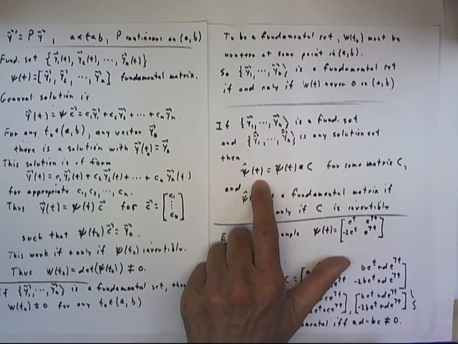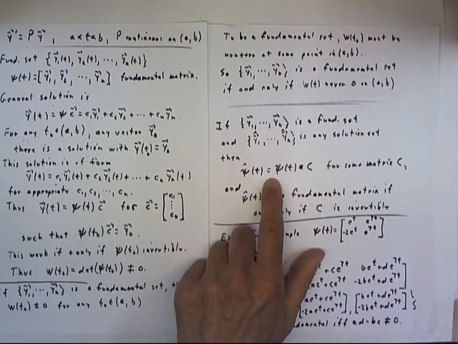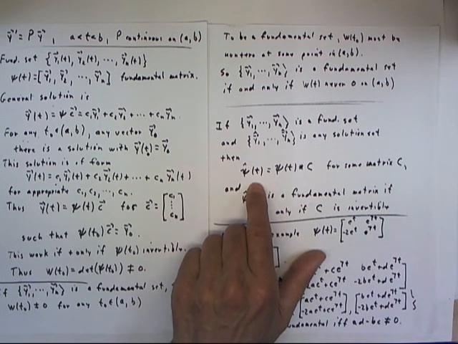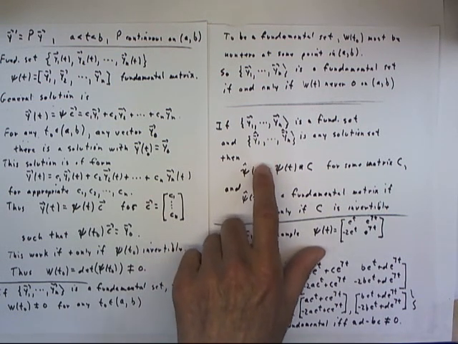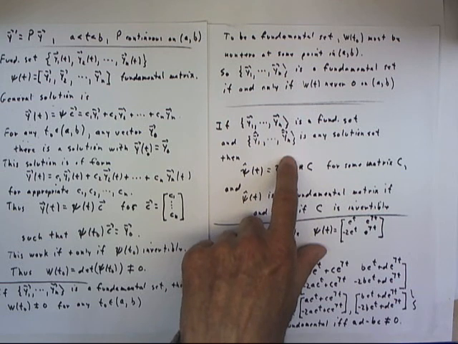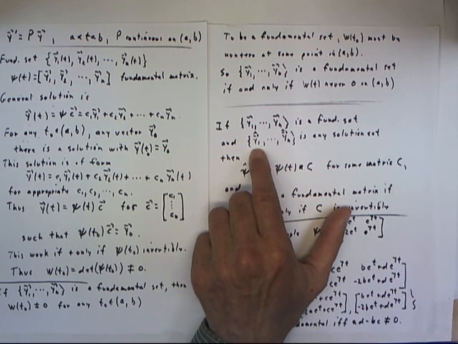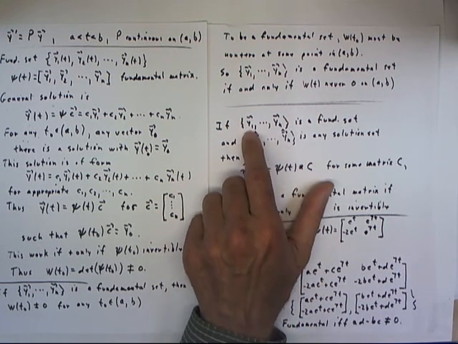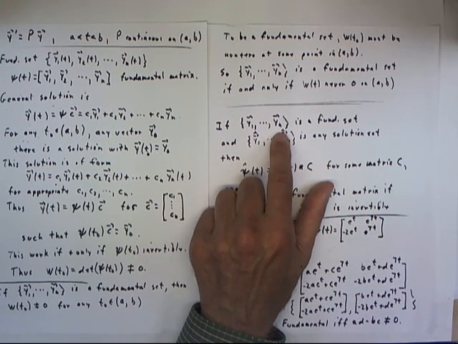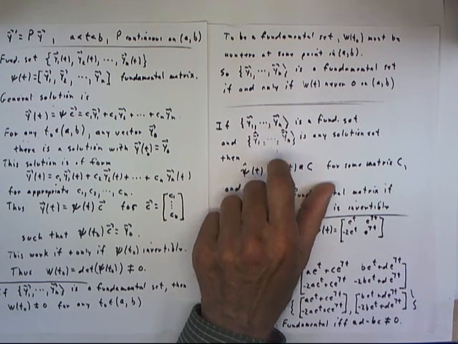Now remember that a psi of t isn't necessarily a fundamental set, it's just a solution set. So there's no assumption that every solution of the differential equation will be some linear combination of these y hat vectors. We do assume that for the y1 through yn vectors.